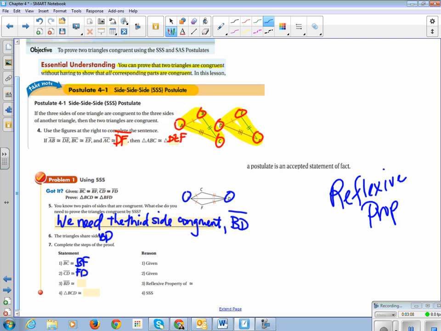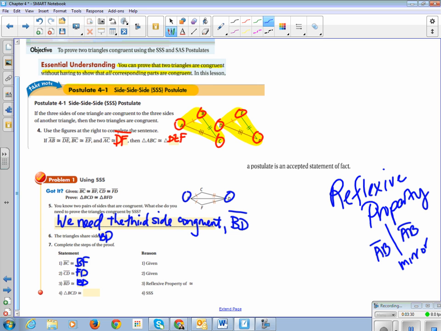See your reflection. It's exactly equal. When an item is congruent to itself, it's reflexive. So BD is congruent to BD.